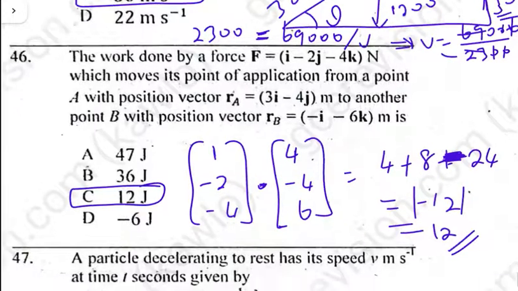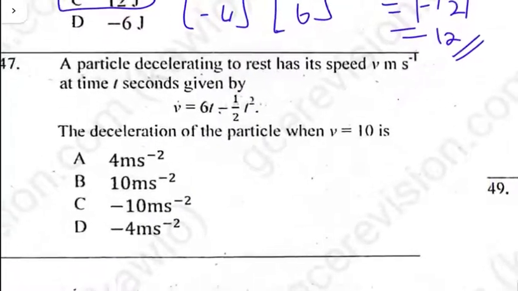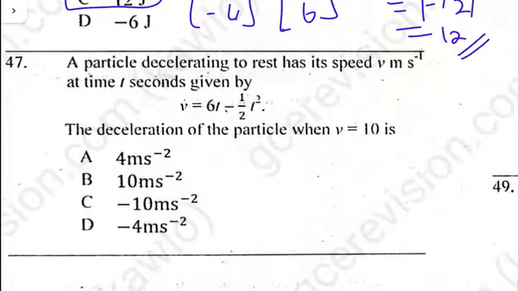Question 47. A particle decelerating to rest has its speed v meters per second at time t seconds given by that. The deceleration of the particle when v equals 10 is. So when v equals 10, we can solve this equation, right, to get the values of t.